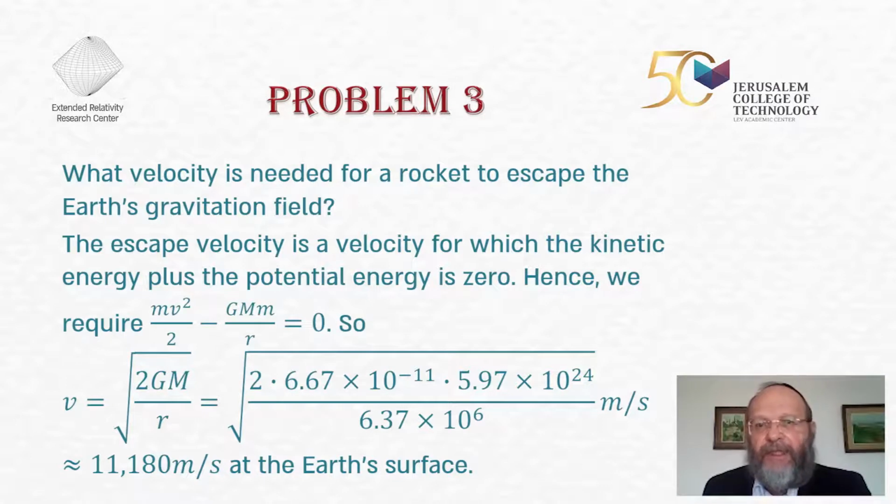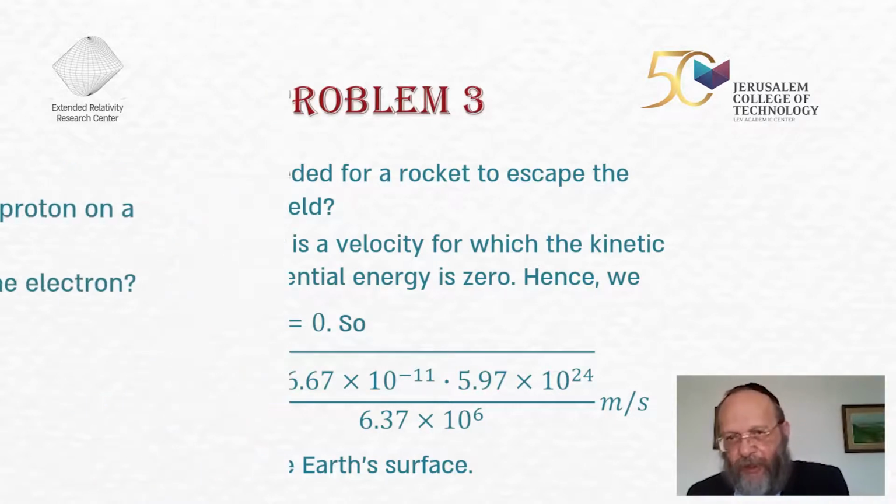The escape velocity is the velocity at which the kinetic energy plus the potential energy is 0. Therefore, when it escapes, it reaches velocity 0 and potential 0. Solving it, you need a velocity of about 11,000 meters per second. If you reach this velocity, you leave the gravitational field.